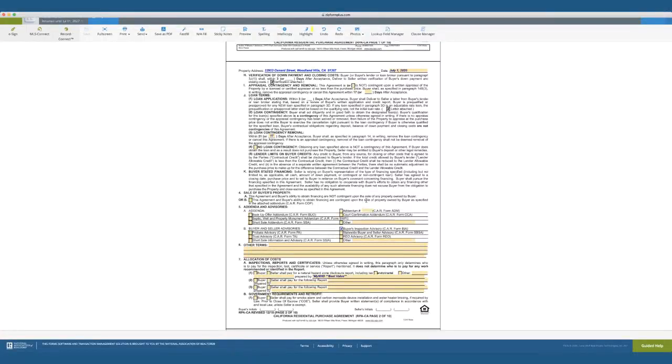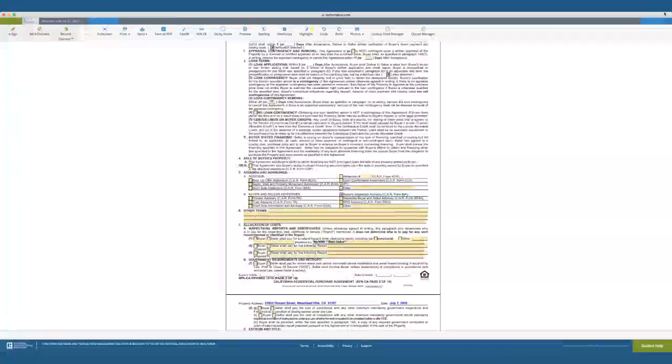He needs to sell his property before he can buy this one. So if that's the case, you would check this box and another form would pop up in your transaction called the COP, contingency on purchase of buyer's property. So, if we have some time, then I will talk about that one.